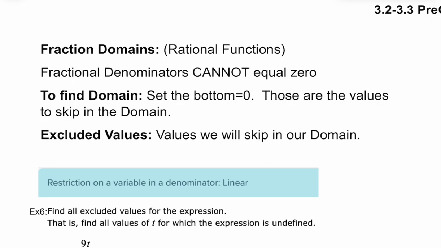So Alex is going to ask you sometimes, what are the restrictions on this? What is the domain on it? What values do we have to skip? And that's what they're talking about. Where would we get a 0 denominator?